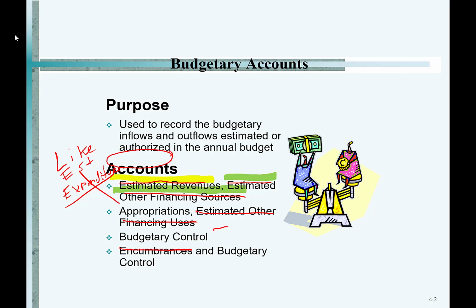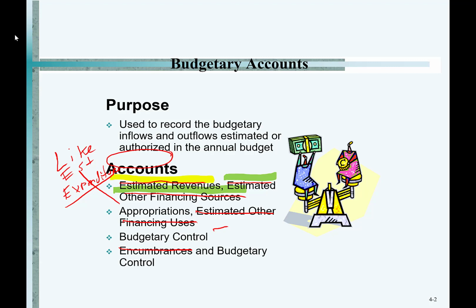And then you finally get to this term, appropriation. Appropriation is like, I wrote in, estimated expenditures, but we don't call it estimated expenditures, we call it appropriations. Now here's why. A government cannot spend money unless there has been an adopted legal authority to spend that money, and that legal authority to spend money is called an appropriation.